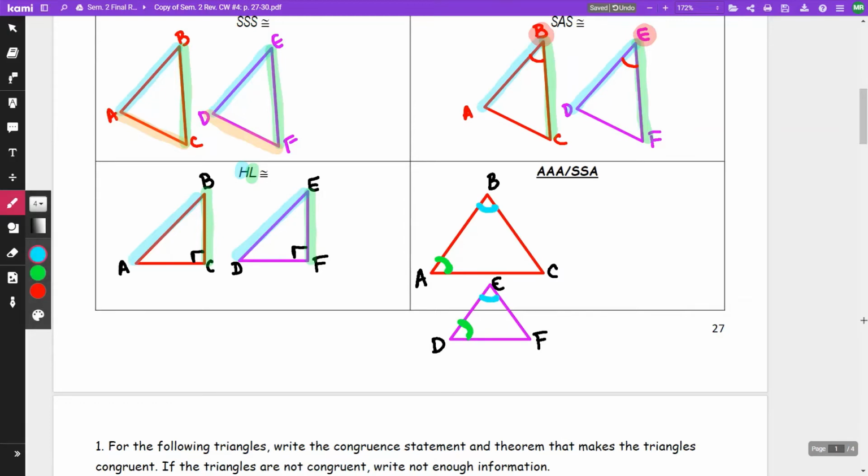This angle here and this angle here were the same. And this angle here and this angle here were the same. But you can see that these two triangles are not congruent necessarily. These two triangles are similar. So angle, angle, angle leads to similar, not congruent.